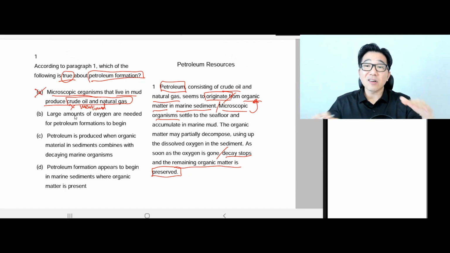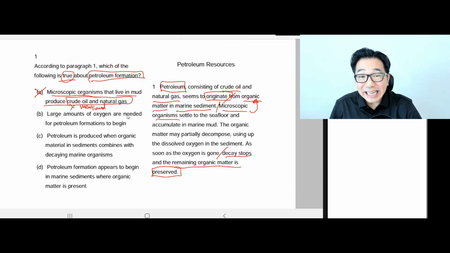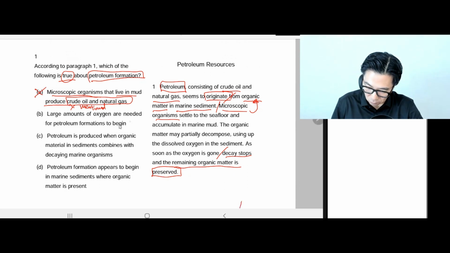When all the oxygens are gone, then this process starts by this organic matter, microscopic organisms, being preserved in its original form. But B says large amount of oxygens are needed for petroleum formation to begin, so it's opposite. So this is opposite from what we're looking for.